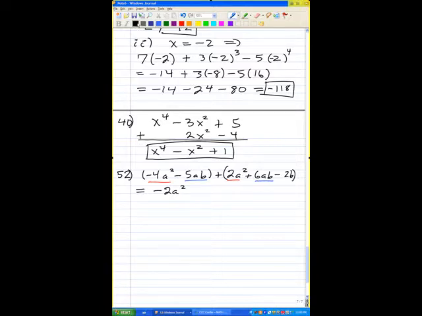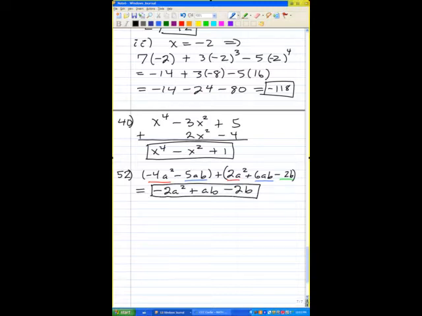So those are like terms, so let's add those up. Negative 5ab plus 6ab is 1ab. And then lastly, I have minus 2b. And that is your answer.